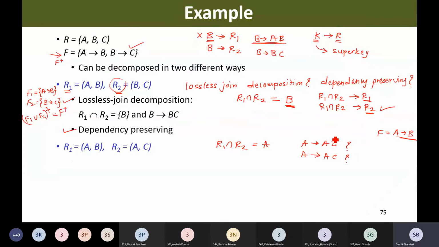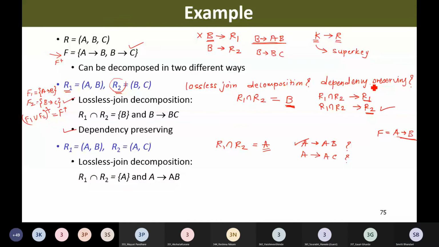So A always determines A and A determines B. It is given. So this is satisfied. R1 intersection R2 gives us A, and A is the super key for R1. And that is why this decomposition is also lossless join decomposition. But whether this decomposition is preserving the dependencies, that we need to check.